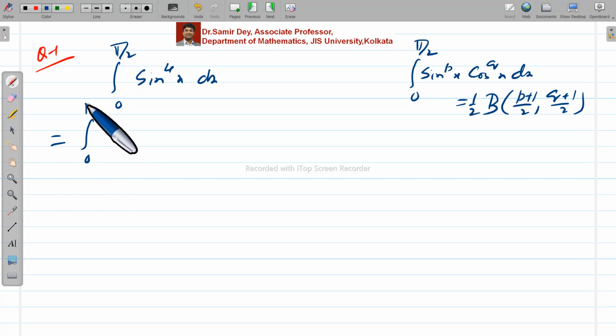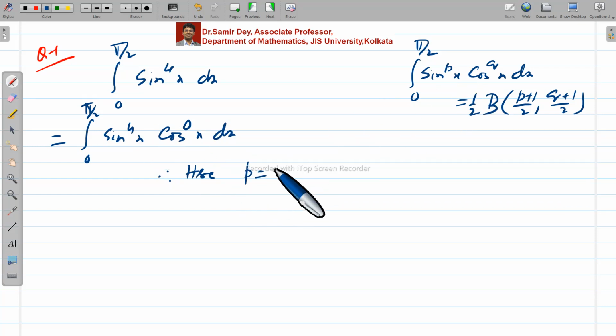That is the integral from 0 to pi by 2 of sine to the power 4x and cos to the power 0 x dx. During exam time you need to rewrite it so that you can compare. Now what is your p here? p equals 4.